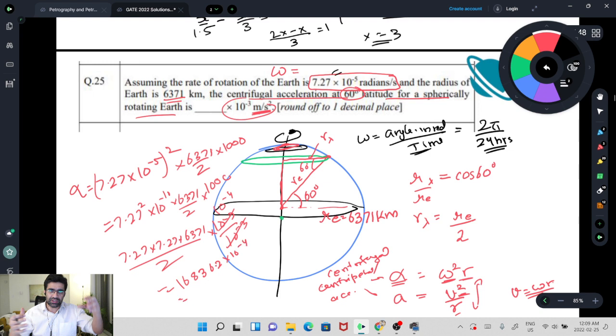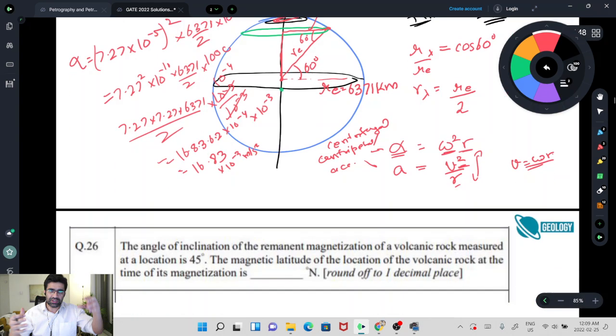So you can write it as 16.83 into 10 to power minus 3 meter per second square. So I'll keep it into 10 to power minus 3 as well over here. This is what we are going to get as the answer for this question.